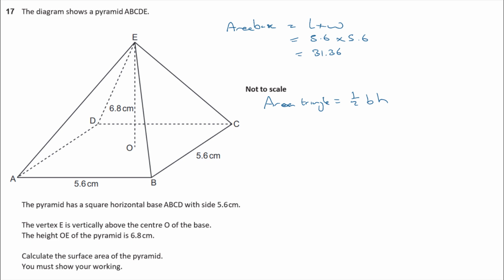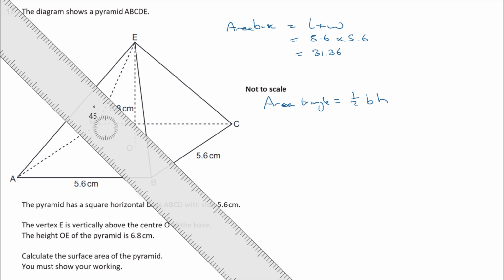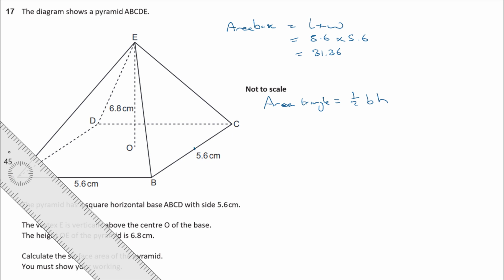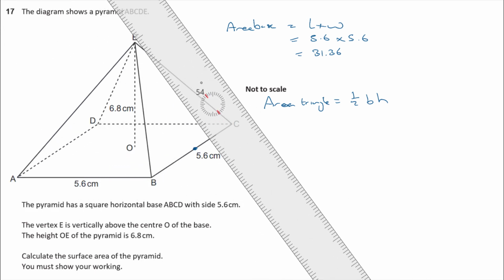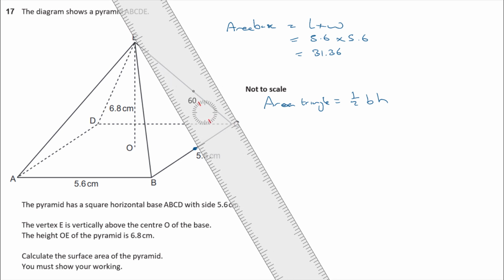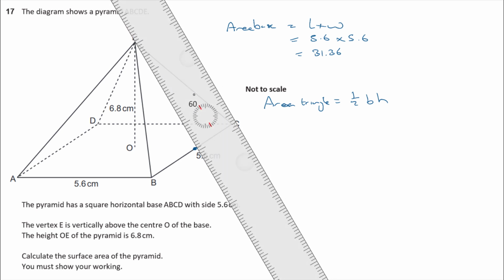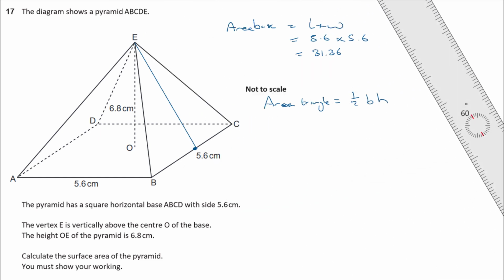Now the height of this would actually be, I suppose if we got a ruler out, say if we took the center point of this face and drew a line from the tip down to that point, that's actually the line we're trying to find, isn't it? That's the height of this triangle, because if it was laying flat, that would be the height there, wouldn't it? So that is going to be our h that we're trying to find.